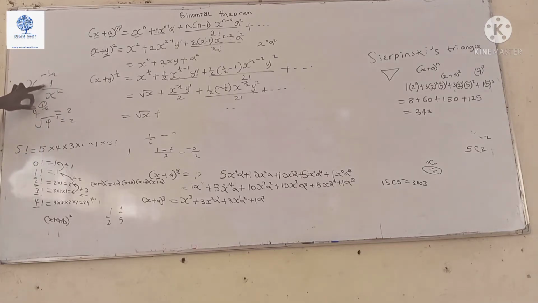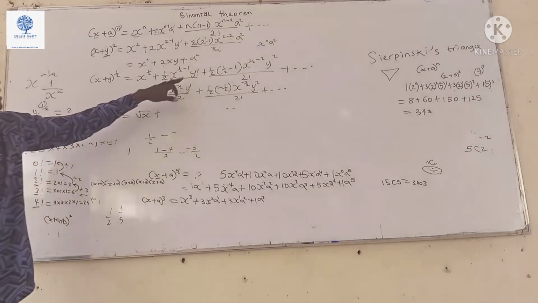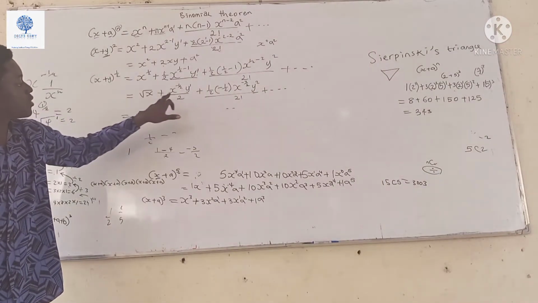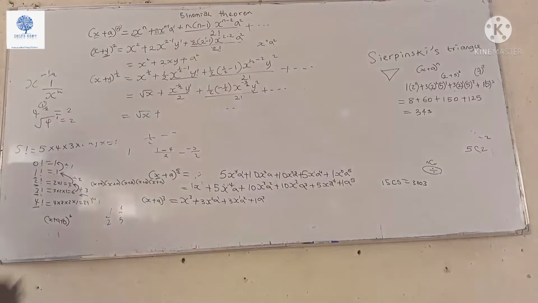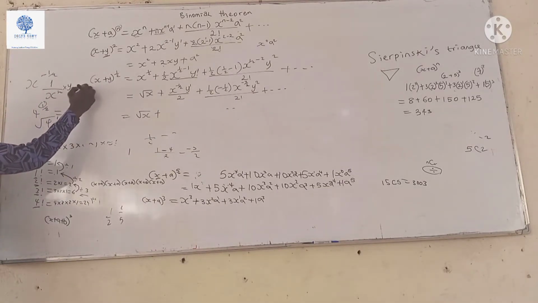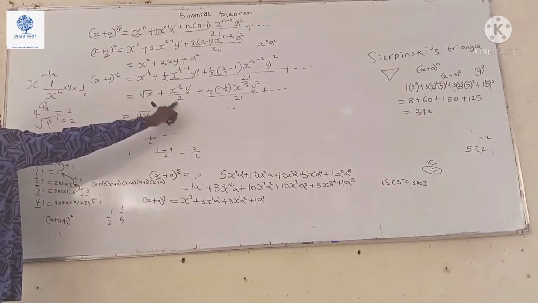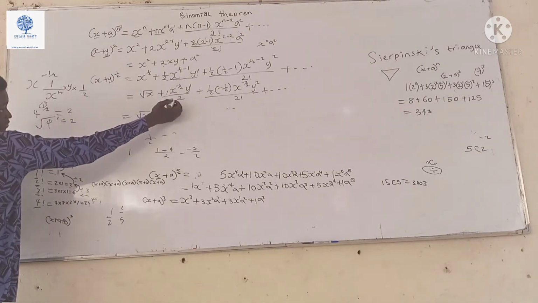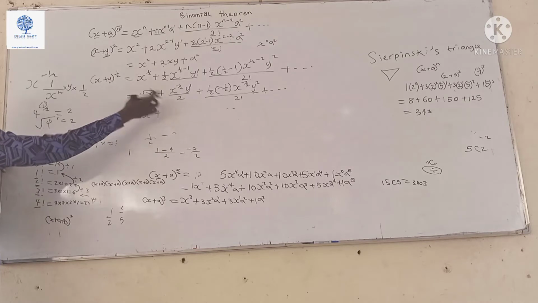So this minus became 1 divided by, but we are multiplying this x to the power of minus half by y. So this gives us times y times 1 over 2, that is this 2. I can try to write it as 1 divided by 2. So we have 1 over 2.